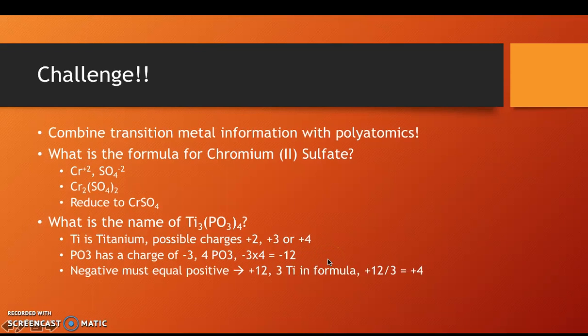Because my negative must equal my positive, that means I have a +12. I have 3 titaniums in my formula. That subscript 3 up there tells me I have 3 of them. So I take that +12, divide it by my 3, and I get a +4. So each titanium would have a +4 charge, which means I have titanium Roman numeral 4, so titanium 4 phosphate.